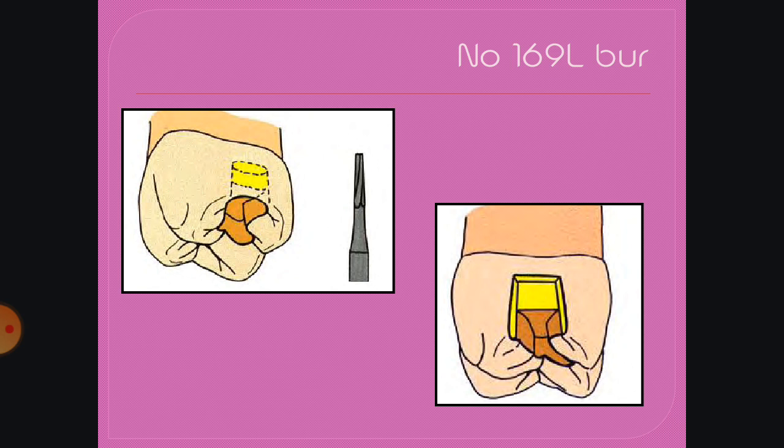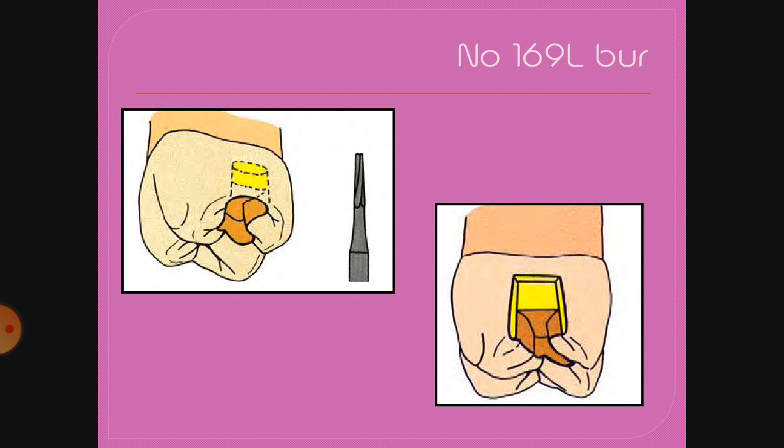We undermine the marginal ridge with the 169 L burr for the proximal box. Once that is done, we move on with defining the proximal box.